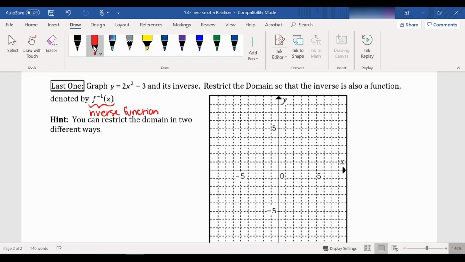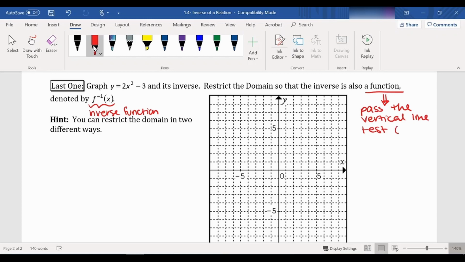A reminder about something from grade 10: to be a function, it must pass the vertical line test. So what that means is if I draw a vertical line anywhere along the graph, it should pass through the graph at most one time.